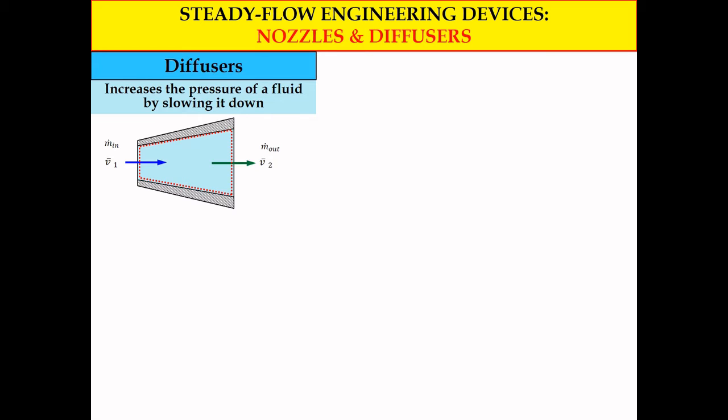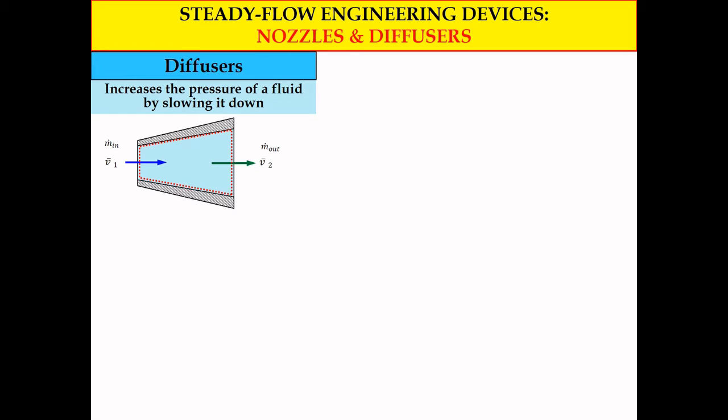So this is the schematic diagram for the diffuser, where we have mass flow rate in and also velocity at the inlet V1 bar, and also at the outlet we have m dot out, mass flow rate at the outlet, and also the average velocity of the fluid at the outlet, V2 bar.